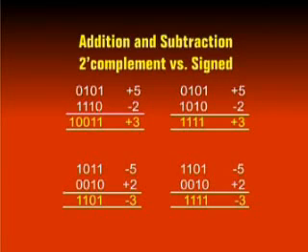In fact, adding 5 to minus 2 gives you the answer 1, 1, 1, 1, and adding 2 to minus 5 again gives you the same answer. So both answers are not in their correct form. If you compare the 2's complement subtraction and addition, you find the answers to be in their correct 2's complement form.